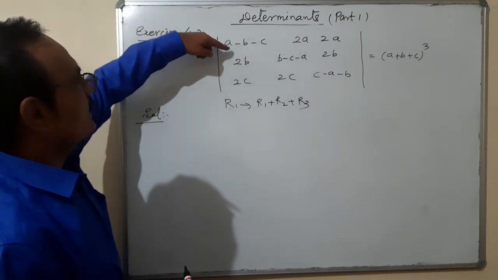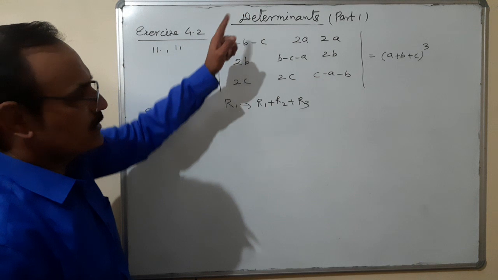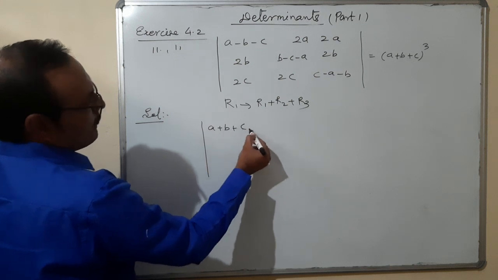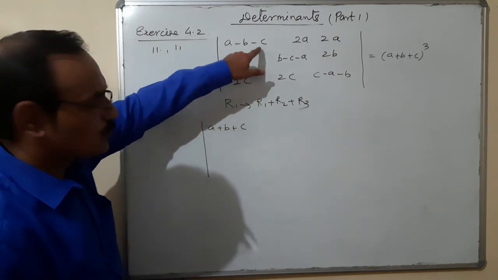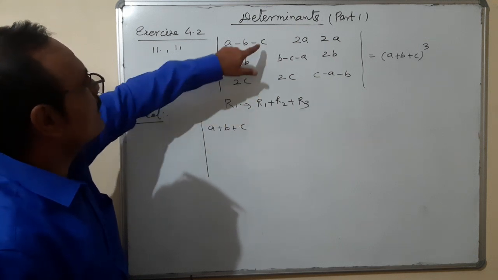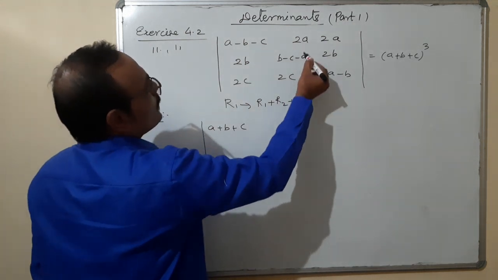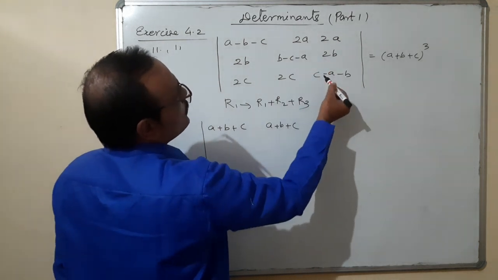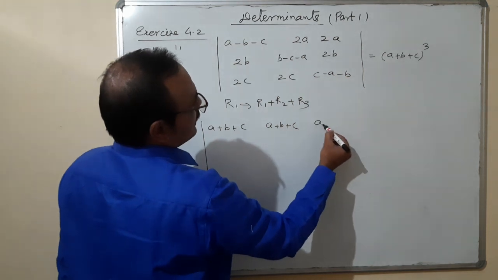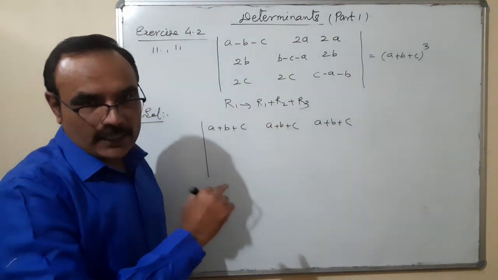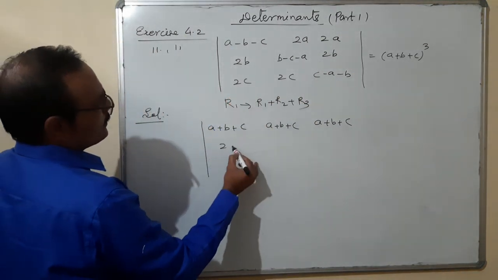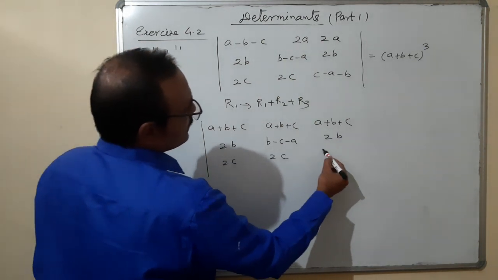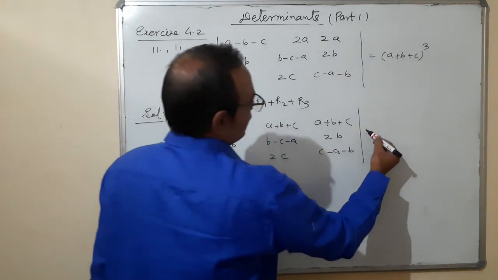The first term is A minus B minus C plus 2B plus 2C, which is A plus B plus C. The second term is 2A plus B minus C minus A plus 2C, which is also A plus B plus C. The third is 2A plus 2B plus C minus A minus B, so it is also A plus B plus C. All the elements of the first row are A plus B plus C, with the other rows unchanged: 2B, B minus C minus A, 2B; 2C, 2C, C minus A minus B. What should be done? Taking A plus B plus C common.